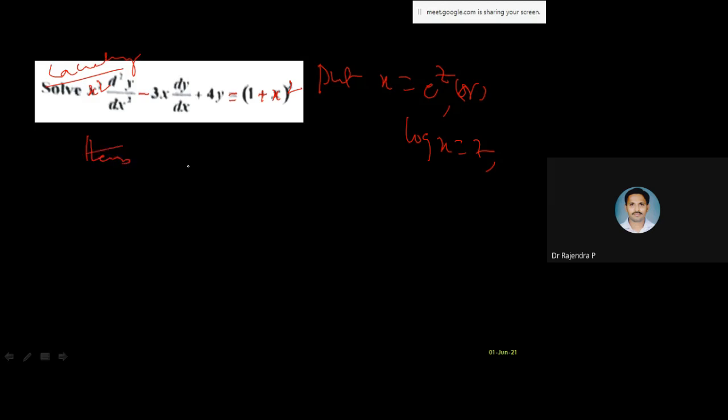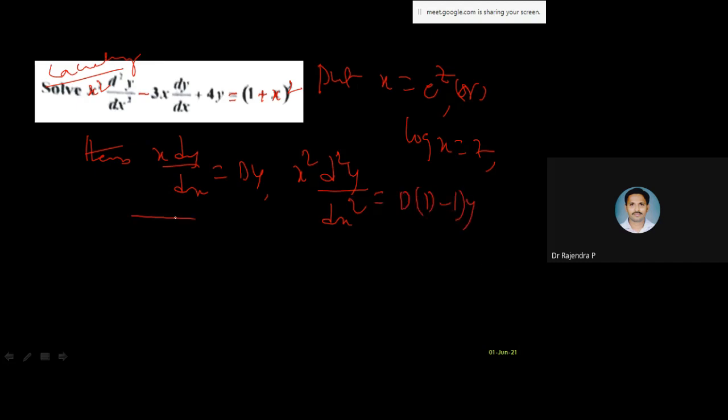Then what are we going to get? x dy by dx is equal to D into y, and x square d square y by dx square is equal to D into D minus 1 into y. But in both the results, D stands for capital D is equal to small d by dz. This is a very, very important thing. You should not forget this.